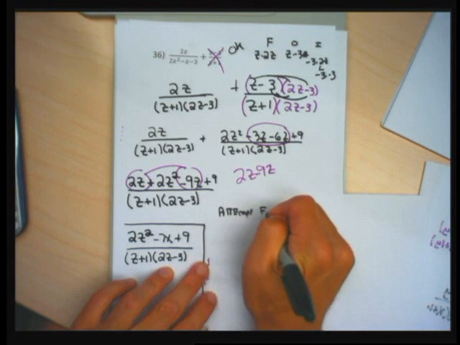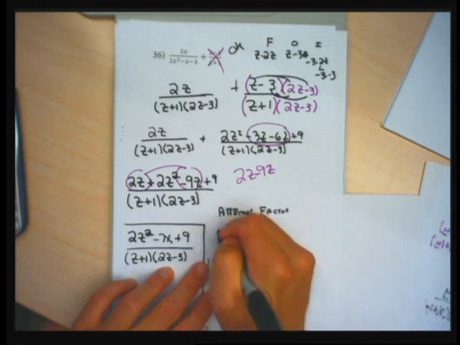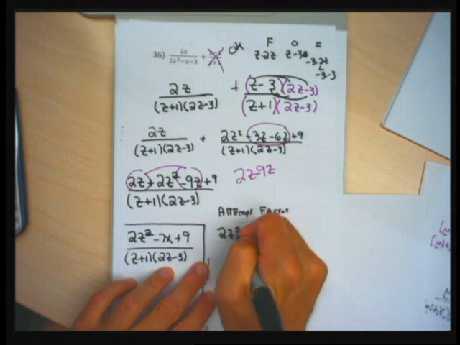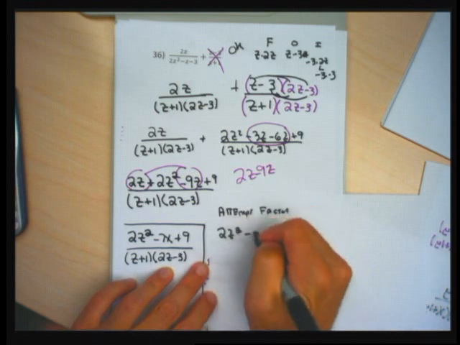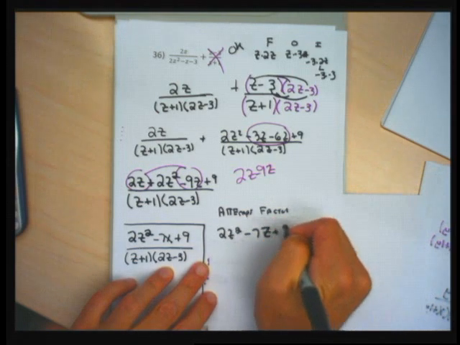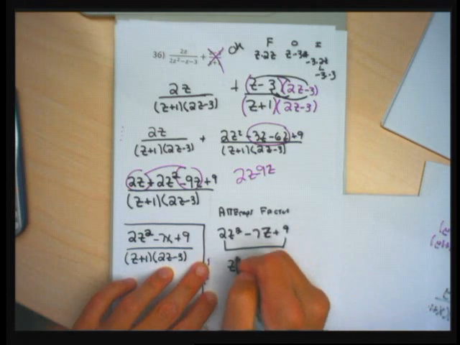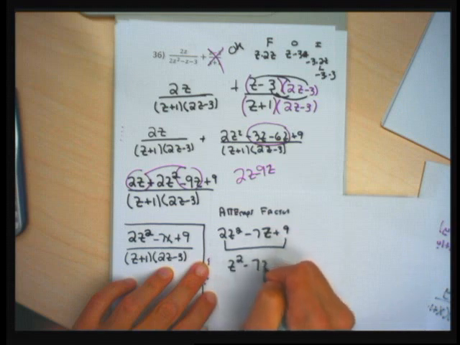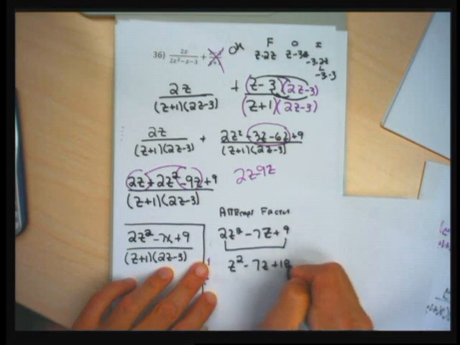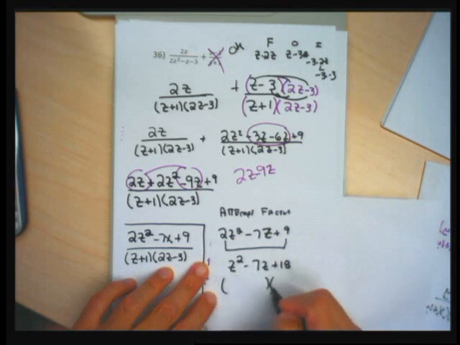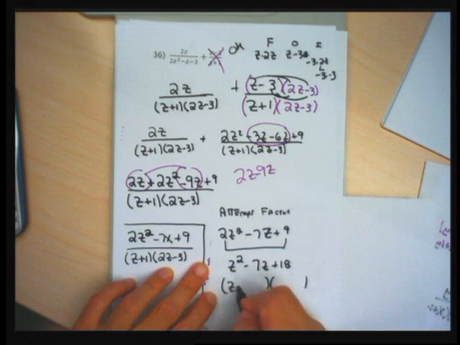So I'm going to attempt to factor this 2z squared minus 7z plus 9. I'll do bottoms up factoring. I'll start off by multiplying. I'll get z squared minus 7z plus 18. And now I'm going to try to factor.